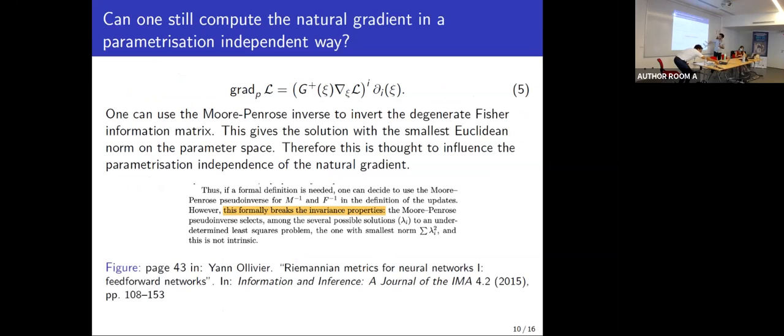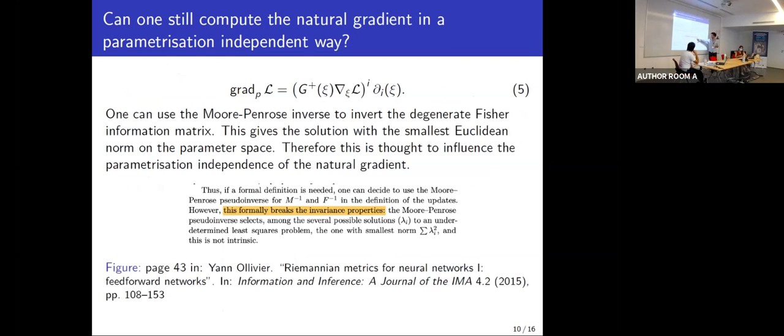For example, here in this paper from 2015 by Yann Ollivier, he says one can decide to use the Moore-Penrose pseudo-inverse. However, this formally breaks the invariance properties, because it chooses the one with the smallest norm.